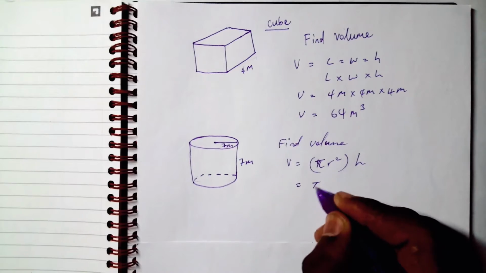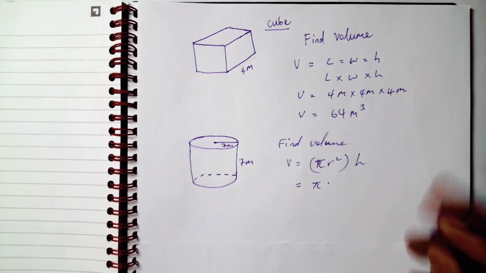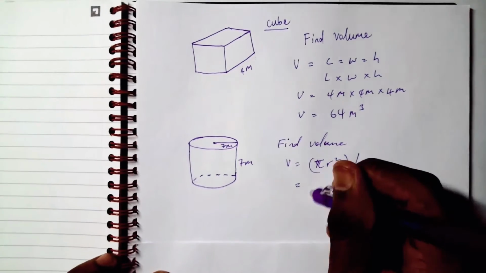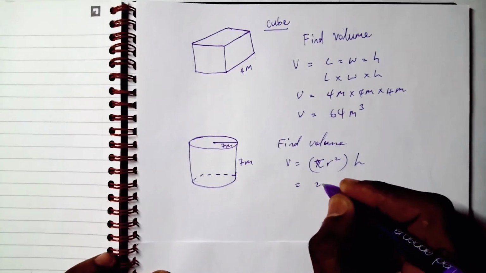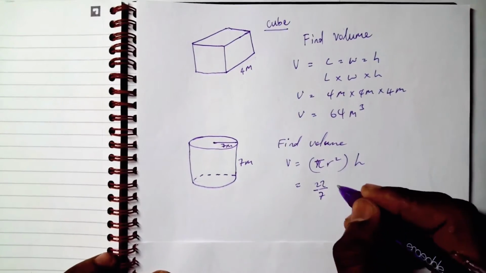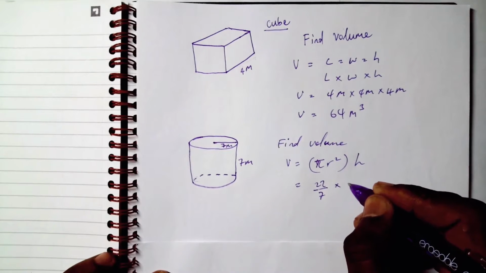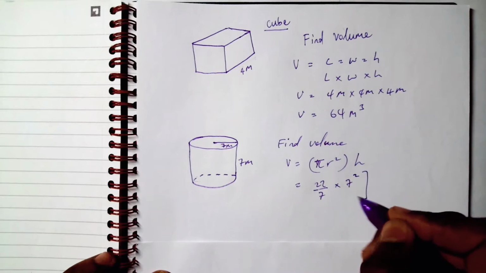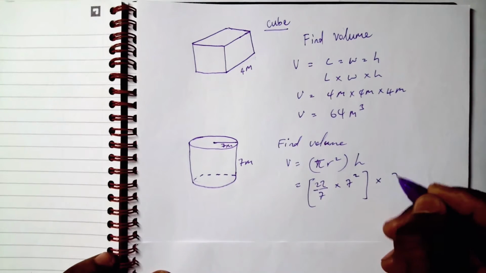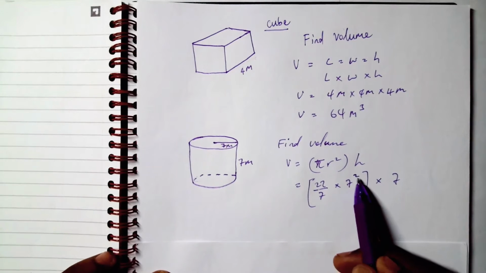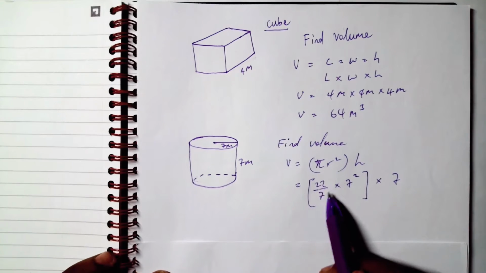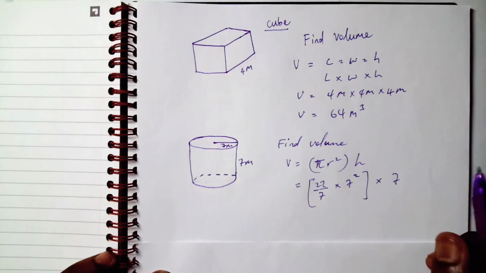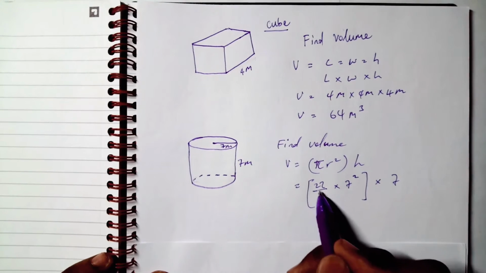Pi is 22 over 7, so it's 22 over 7 times 7 squared times 7. The radius is 7, so it's 7 squared. Pi is 22 over 7. H is 7.